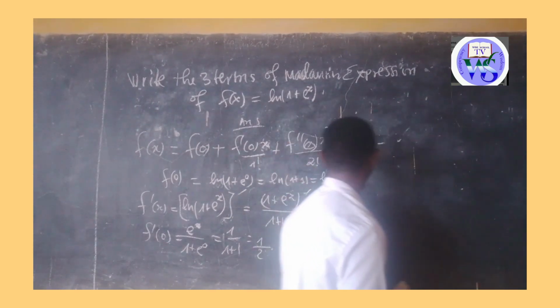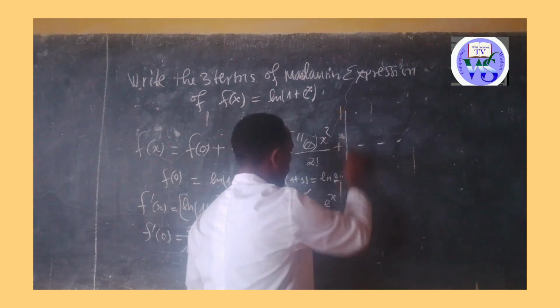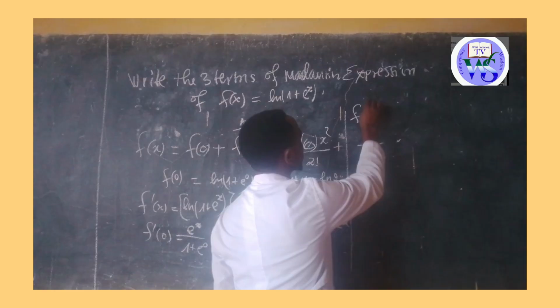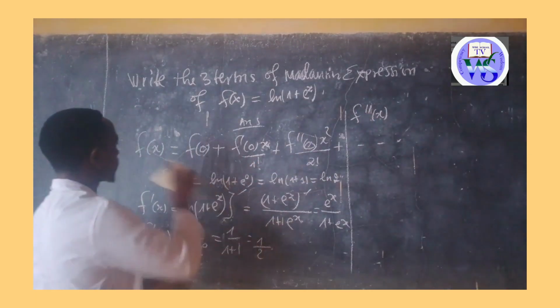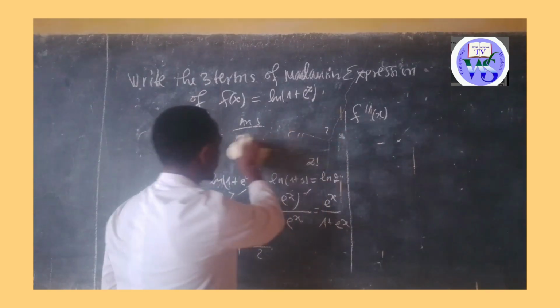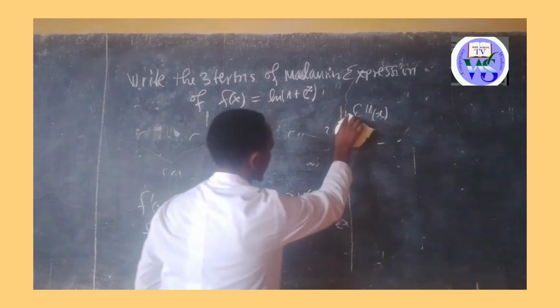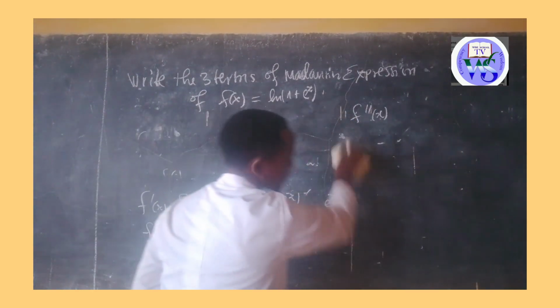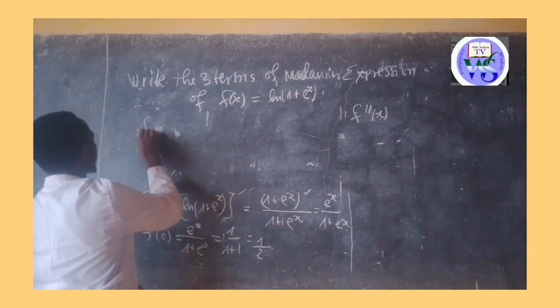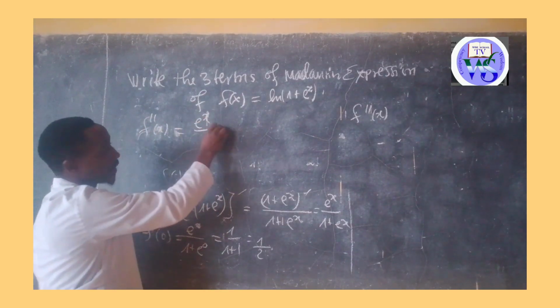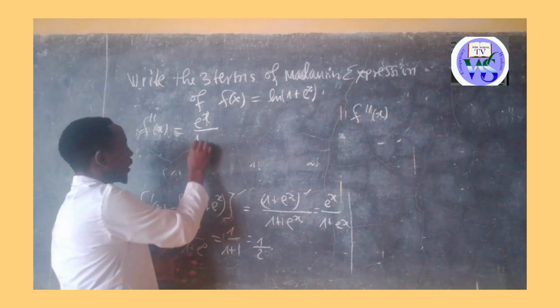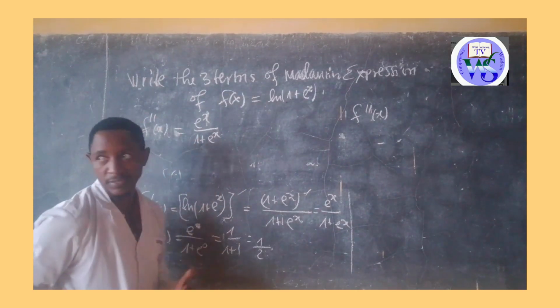The next is to find the second derivative of f of x. The second derivative of f of x is the derivative of e power x divided by 1 plus e power x.